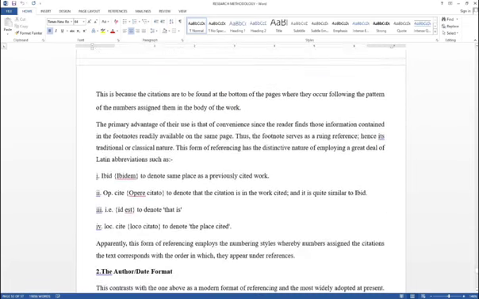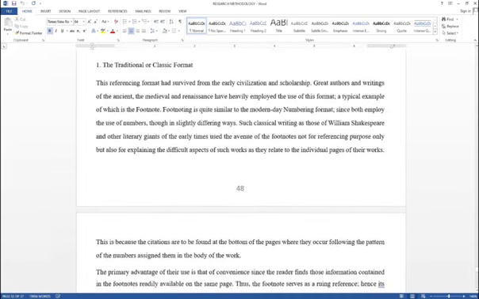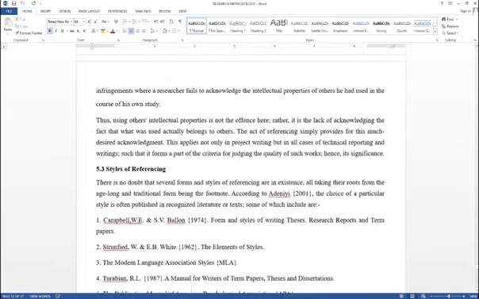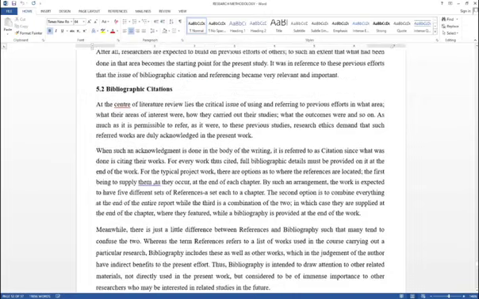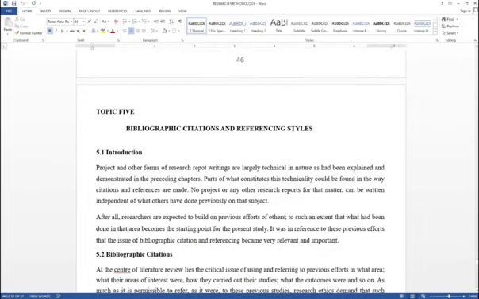So next class, like I said, we are going to go into details of these bibliographic citation kinds of references. So we are going to call it a day today, and next class we go into this topic 5 in detail. Thank you very much.